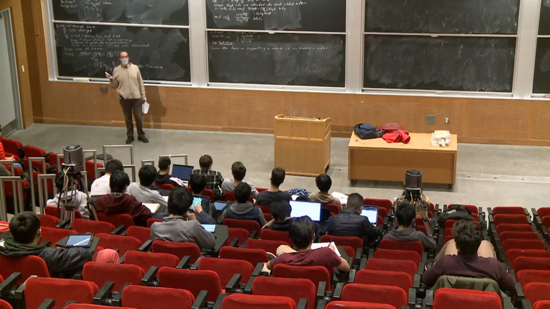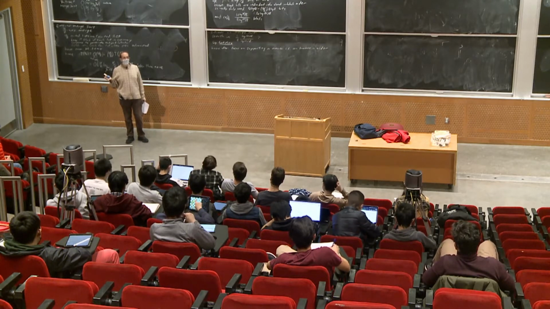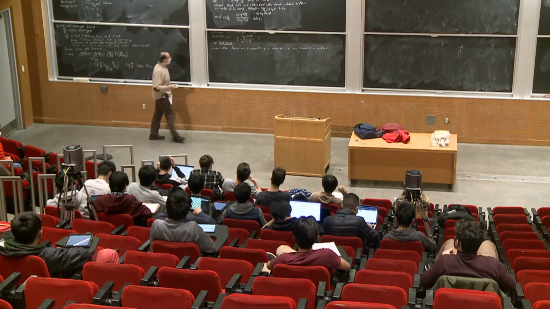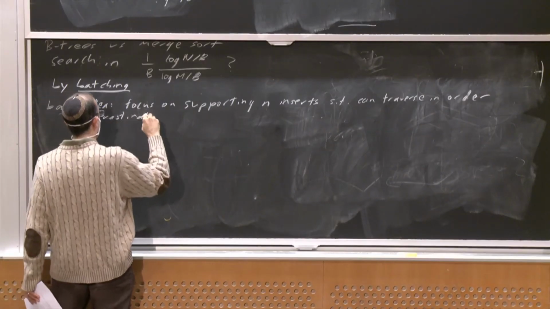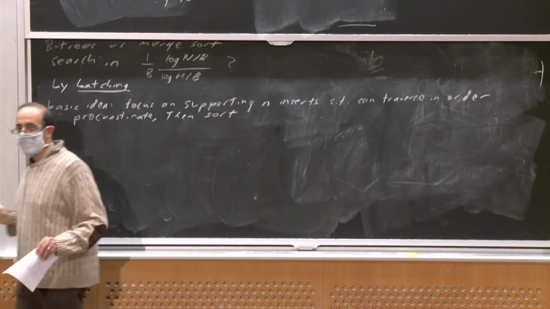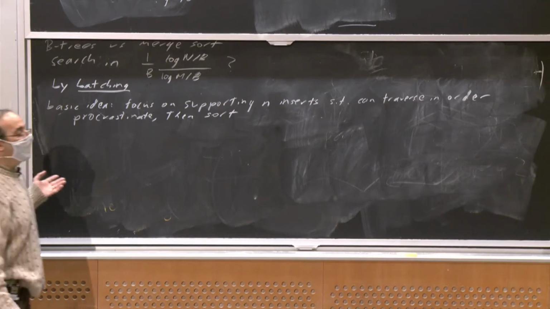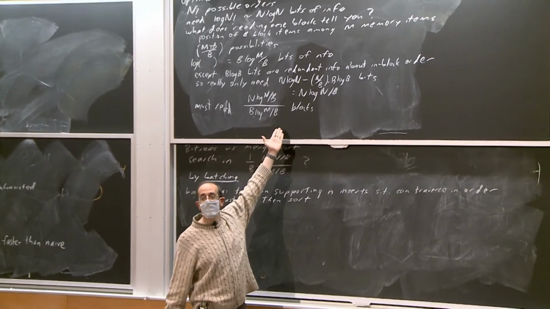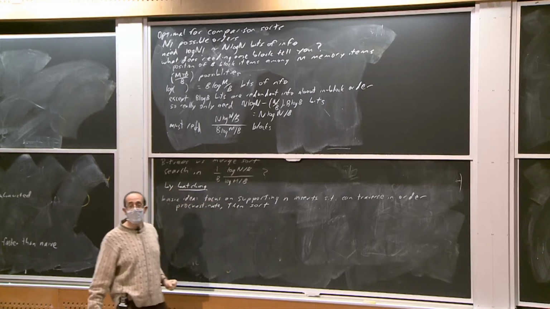How are you going to let them traverse the items in order if all you've done is stored them on disk? Yeah? Sort them, right? Problem solved, right? If I procrastinate on the insertions and then sort, then the time is going to be exactly the sorting time. And so average cost per insertion is going to be what I want.